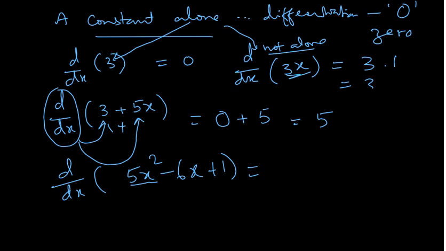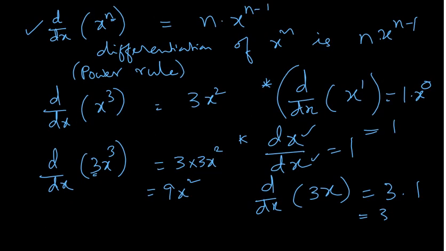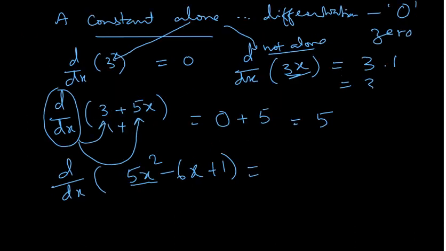Okay, so let's go backwards. Differentiation of 3x cube. How did we do? 3 will be like that only. Now tell me for differentiation of 5x square, how much? No. Try one more time.